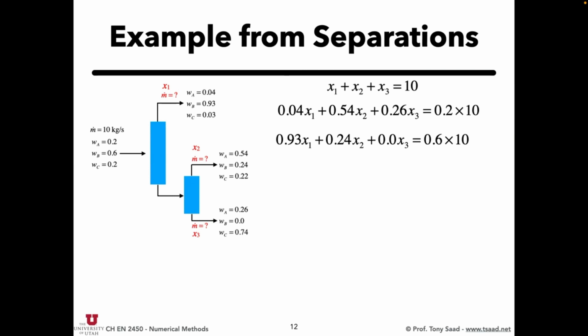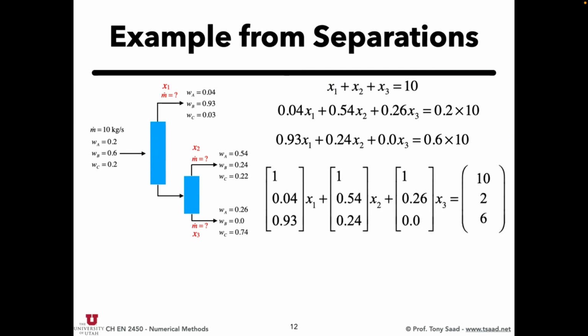So the first step is to combine the numbers for x1: 1, 0.04, 0.93. They all multiply x1, so that's a vector with numbers 1, 0.04, 0.93 multiplying x1. Same thing for the second variable: 1, 0.54, 0.24 times x2, and the same for the third, equal to 10, 2, and 6.